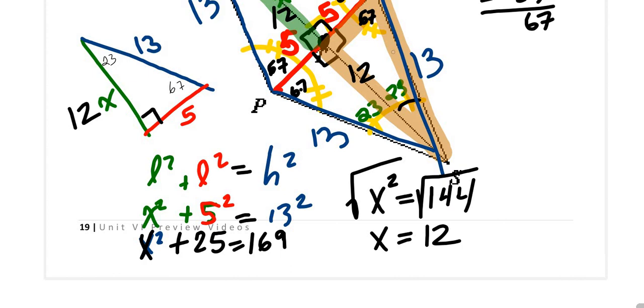So you use Pythagorean theorem, and we solve for that last side.